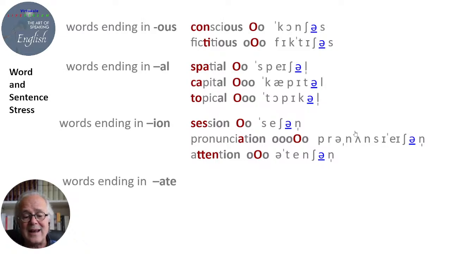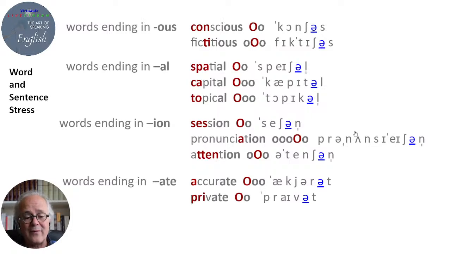Words that end in A-T-E, words like accurate, accurate. You see, we have the A-T-E sound that is reduced to a schwa and a T. So it's rit. It's not strong, not accurate. It's accurate.